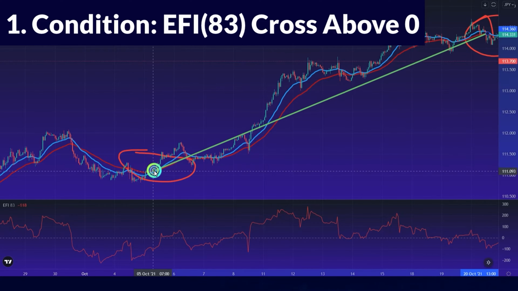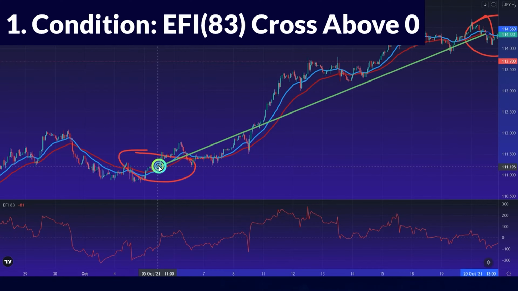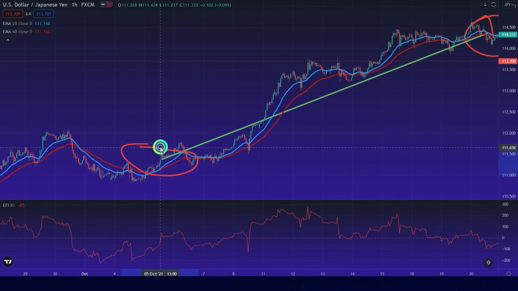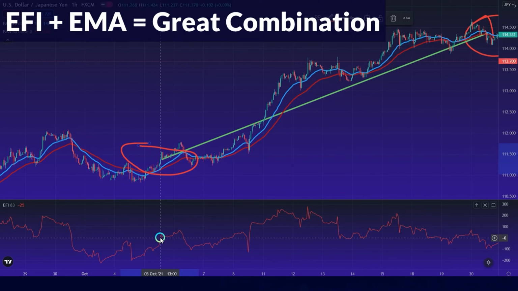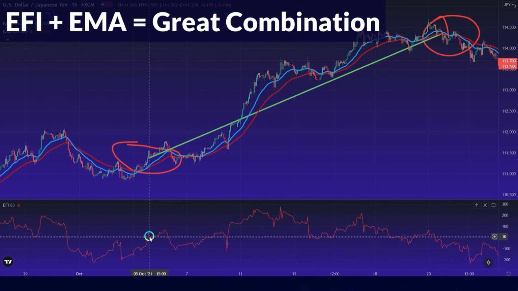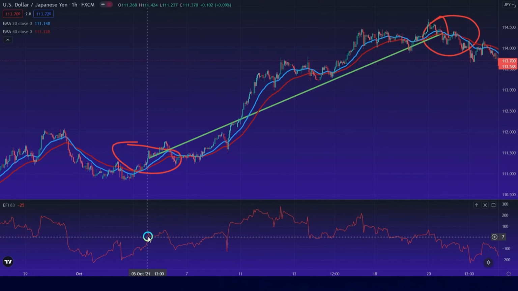We have no other entry rules, because the force index, based on my test, did so well combined with the EMA exit strategy that I didn't want to just combine it with other indicators. Of course, I will do it in the future, but for the first force index video, I want to show you a pure force index strategy.